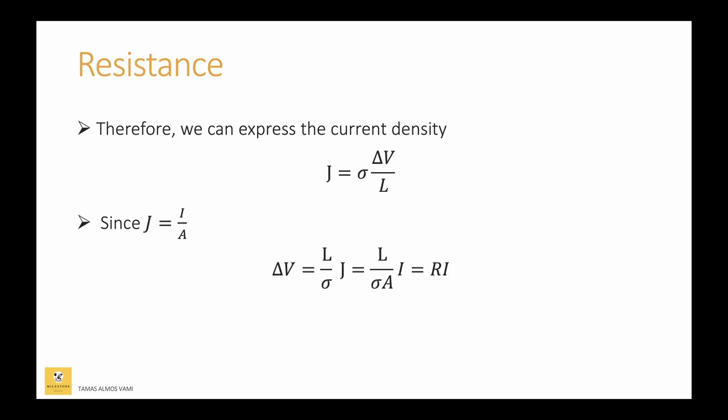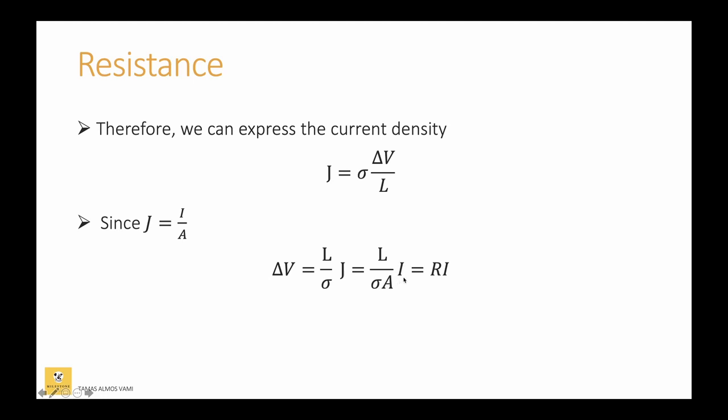If I include this, I can rearrange so that the delta V goes to the left-hand side. Then I will have L divided by sigma multiplied with J, and then I can also say that J was the same as I over A.